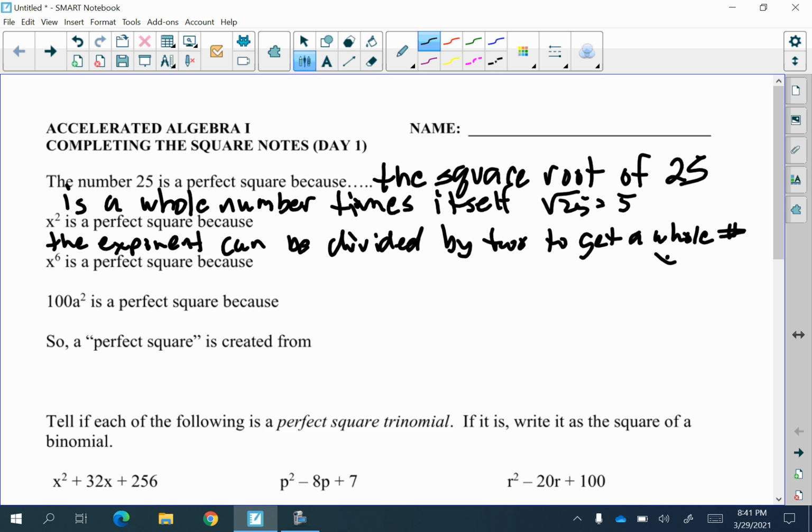We know that x times x gives me x squared. So when you take the root of that, you get x.